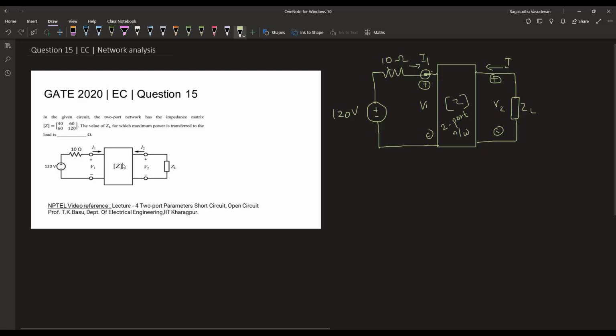In this problem, we have the Z parameter equation of this network and we need to find out the value of ZL for which maximum power is transferred. By the maximum power transfer theorem, when the load's impedance is equal to the complex conjugate of the source's impedance, maximum power will be transferred to the load.